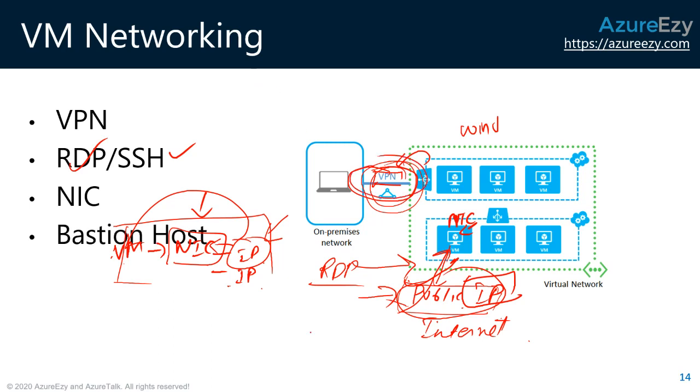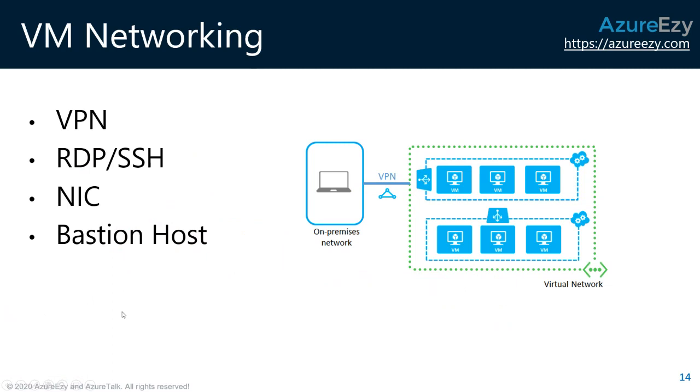The next thing is Bastion host. Let me clear this up and then I will talk about it. Bastion host is another service. Suppose you want to connect with this VM. To connect with this VM, you must have a laptop which can have connectivity with this network, and for that, you must have some configuration on this laptop as well, like VPN setup and all.